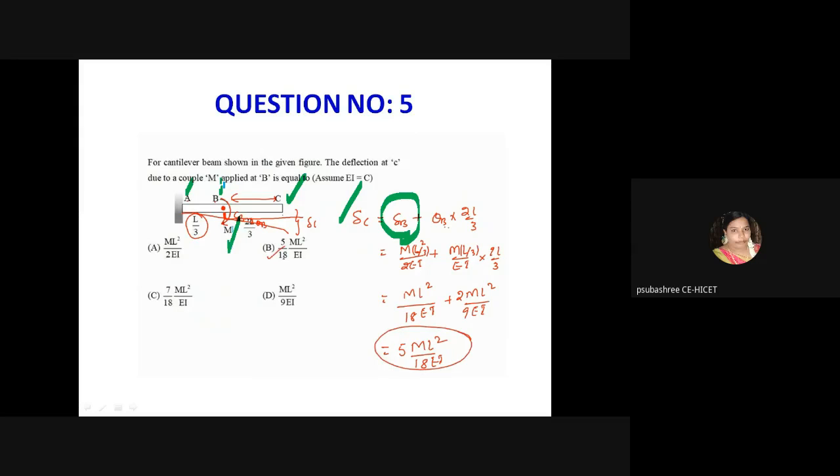At point B, this point deflection is called delta B. So del C is equal to delta B plus, here the length is equal to 2L divided by 3. Theta means rotation.